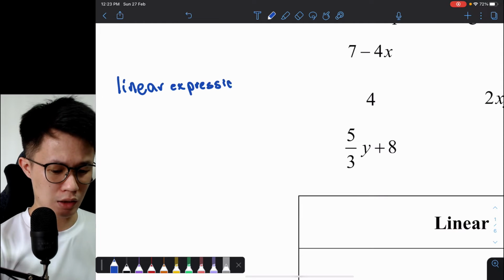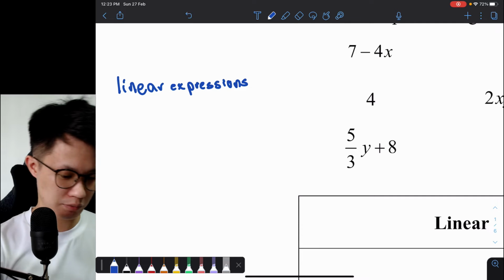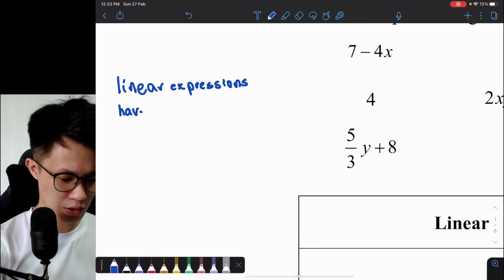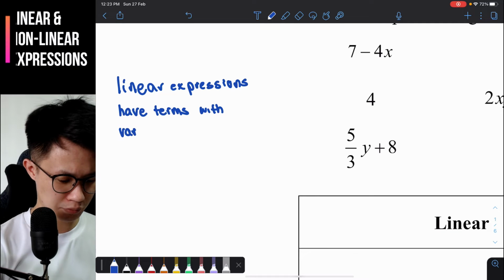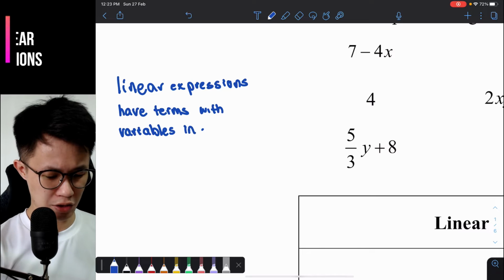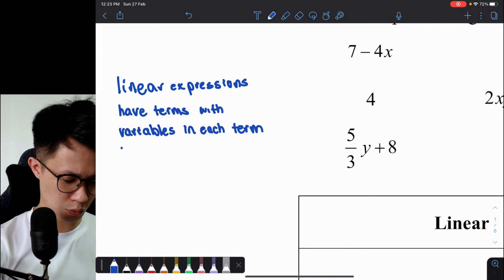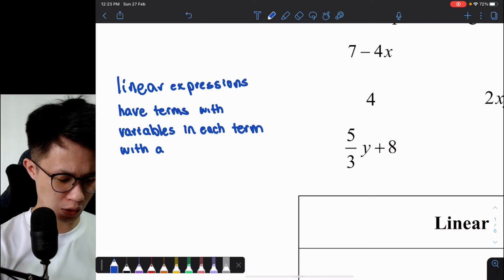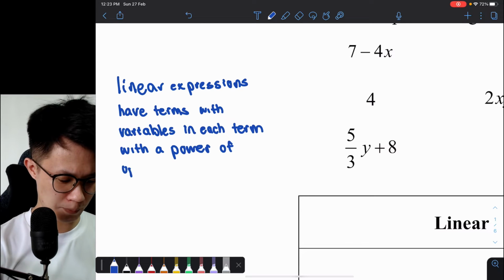They are expressions that have terms with variables in each term, with a power of up to 1.